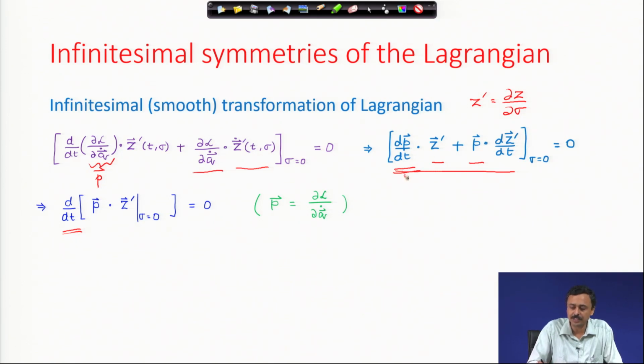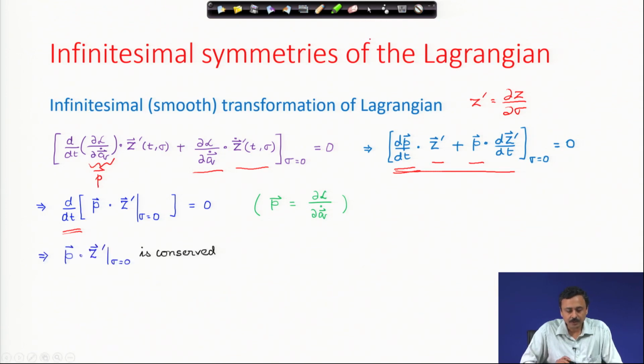So, I have pulled this d/dt out, and p of course is the generalized momentum. What this tells us is that p · z prime at sigma equal to 0 is a conserved quantity. Why?